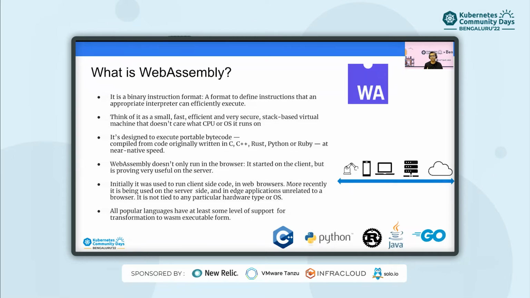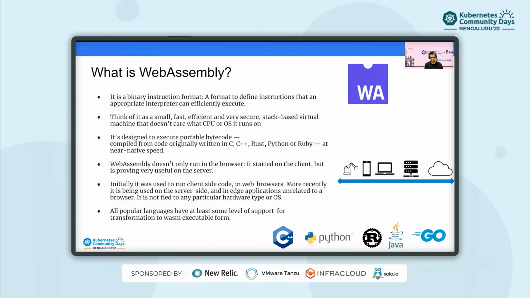It is not meant to be a replacement for JavaScript, but to work with JavaScript to allow other programming languages to run their execution on the browser for a lot of tasks that required much more compute power. So originally it started on the client side, but now it is also able to run on the server side and in edge applications that are, of course, not related to the browser.